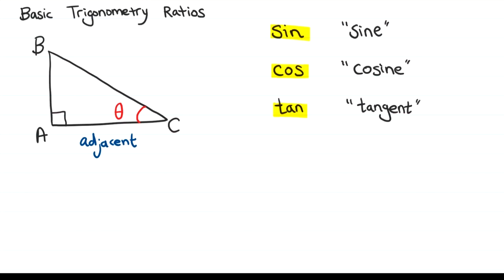The other leg, side AB, is opposite to the angle theta, so it's the opposite. And we are left with one last side, BC, which is opposite to the right angle, so that's called the hypotenuse.